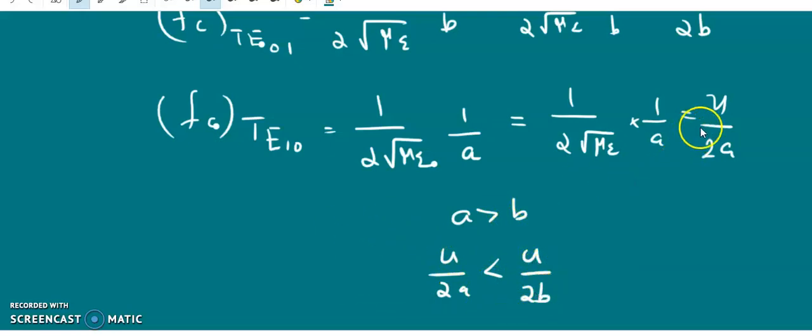So therefore, the TE10 mode has the lowest cutoff frequency when a is greater than b. a is the dimension of the rectangular waveguide along the x direction, and b is the dimension along the y direction. So a acts as the width and b acts as the thickness. So if a is greater than b, then the cutoff frequency of the TE10 mode is the lowest.